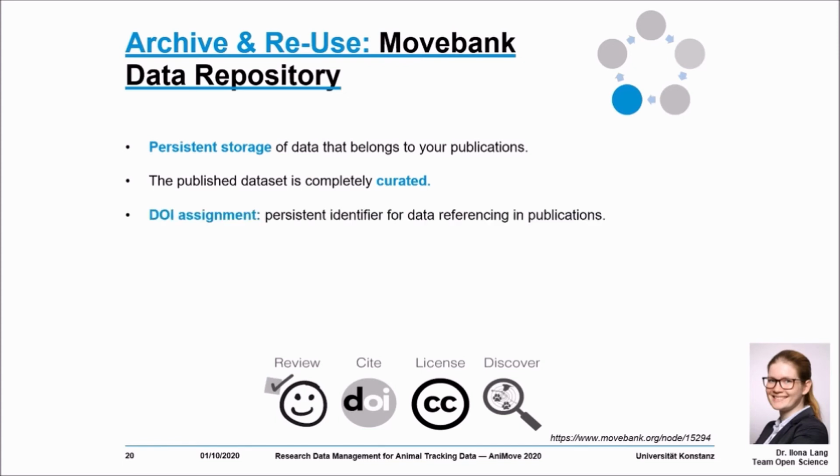For every dataset, a digital object identifier, in short DOI, is allocated. This means that every dataset is then equipped with a persistent link that won't change and that can be used to cite the dataset in your CV, publications or other studies. Nature recommends the Movebank data repository on its recommended data repository list.